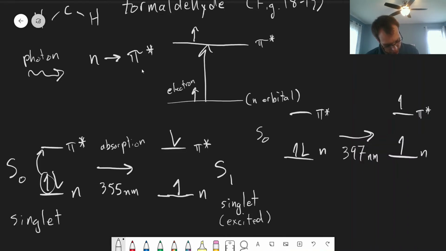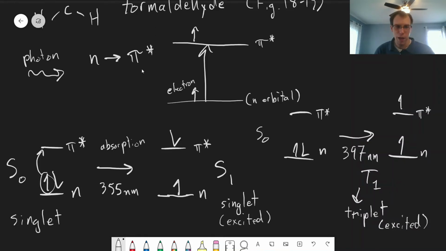This is what's known as a triplet state. T1 just meaning that the electrons are pointed in the same direction. The spins are in the same direction. So these could both be up, both be down. It doesn't really matter as long as they're the same. A triplet state. And the 1 again meaning that this is an excited state.